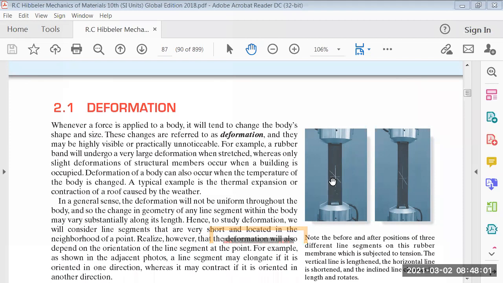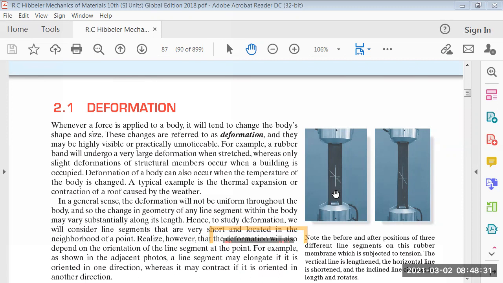Bina. Yeah. So that means this line would experience shortening. The horizontal line experiences shortening.